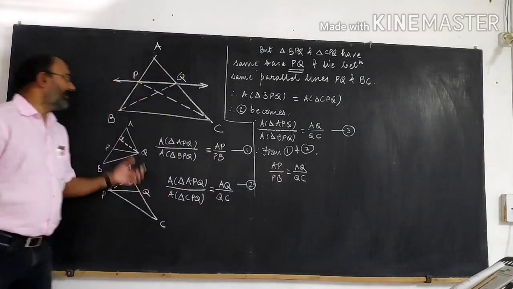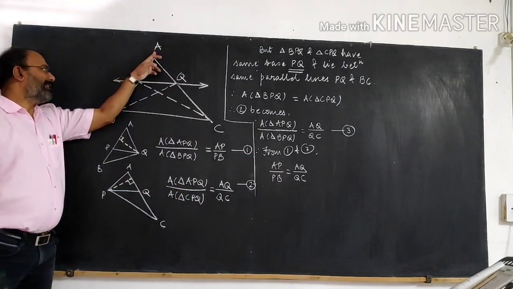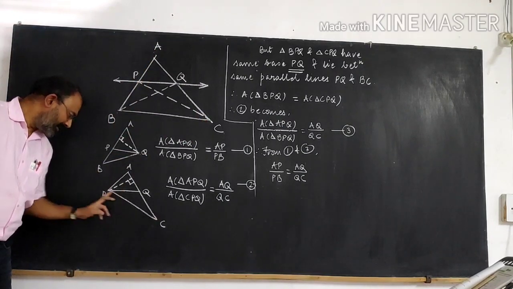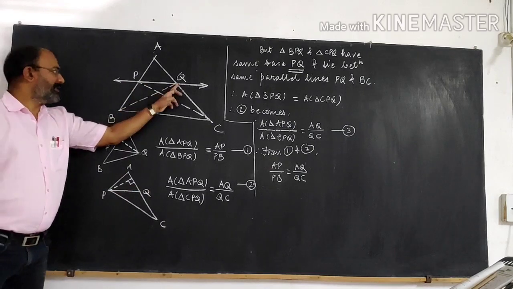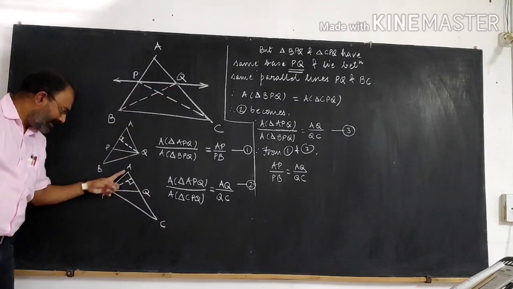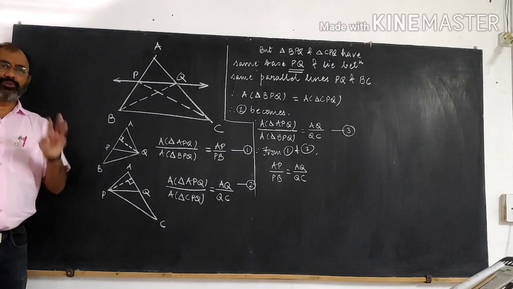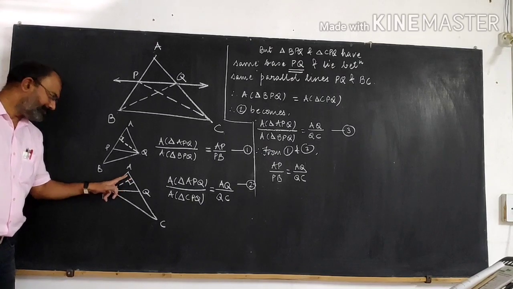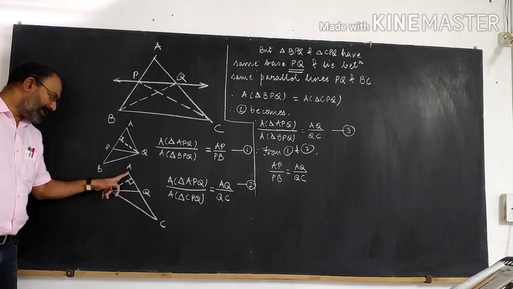Then from the same figure, another triangle is separated, triangle APC. Segment PQ is drawn here. In this figure also, you have triangles having the same height.